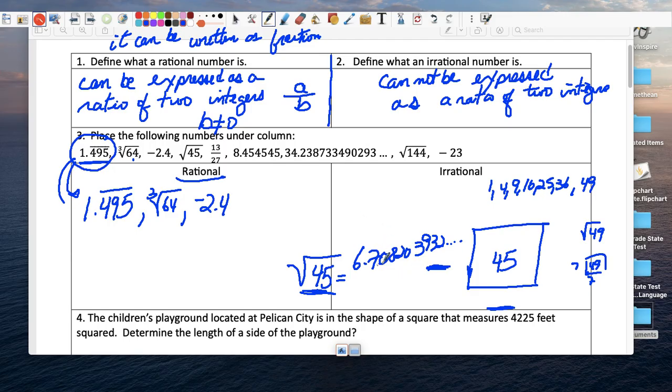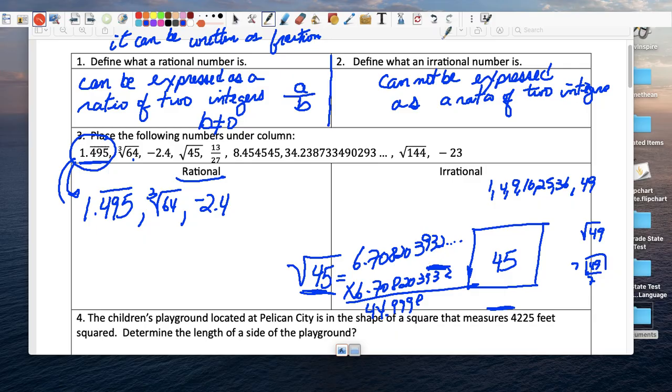And if you took 6.70820392 and multiplied it by itself, the calculator is going to round it to 45, but it shouldn't. It should be something like 44.9999 and then some other numbers in the back.